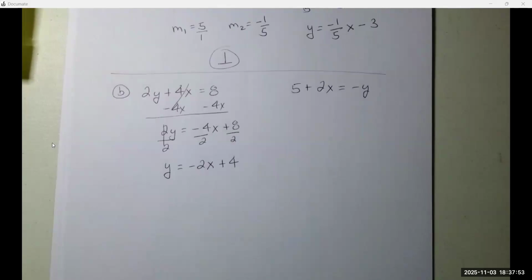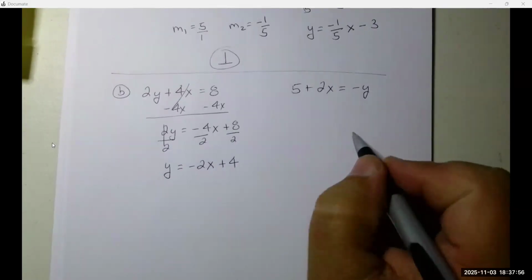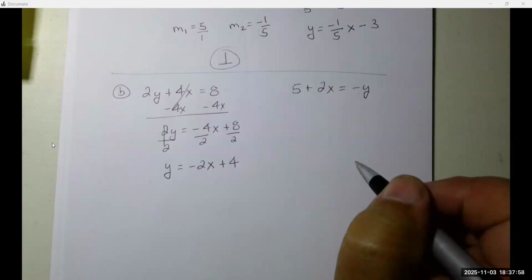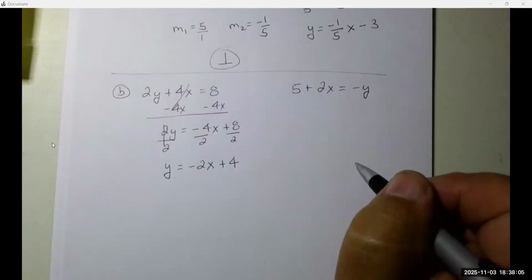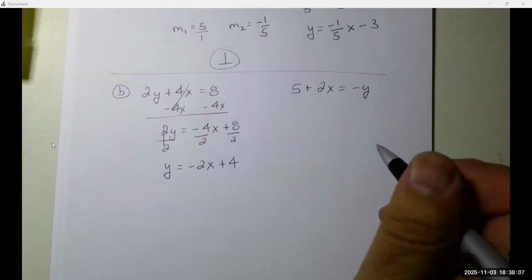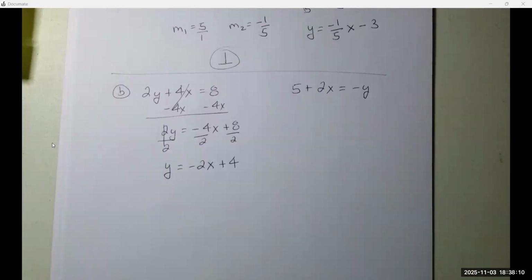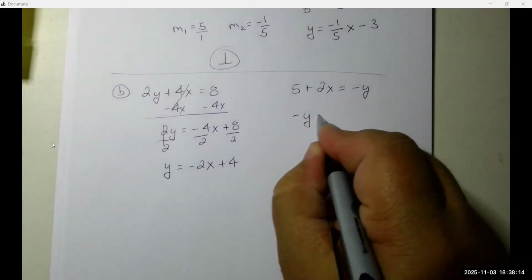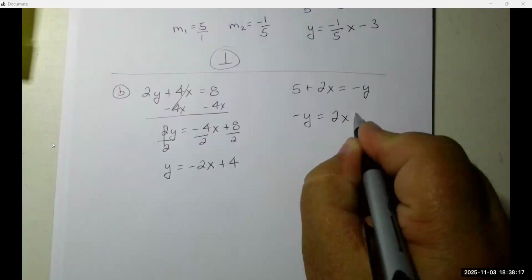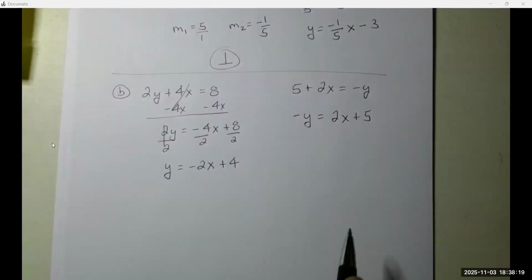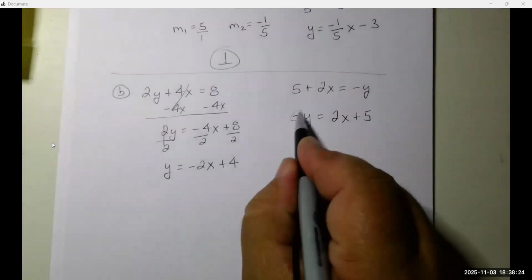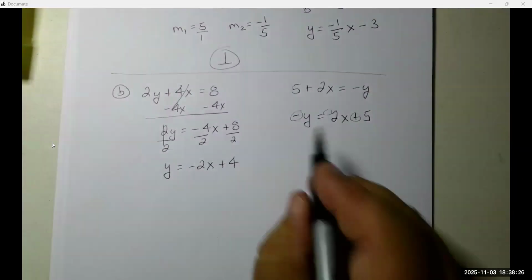For the other side, I flipped the equation, so I did negative y equals 2x plus 5. And then because the negative is in front of the y, you have to change all the signs because you can't have a negative y.